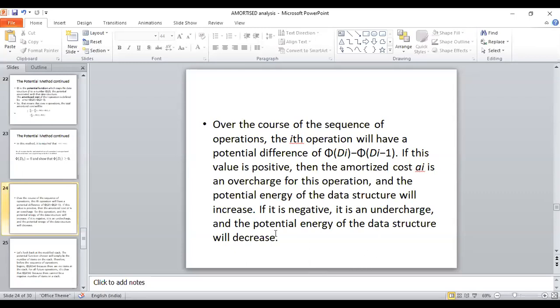That is, phi of Di minus 1 has a larger value compared with phi of Di, so you get a negative value. Negative value means undercharge, so the potential energy will decrease.